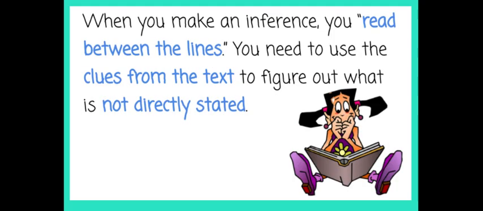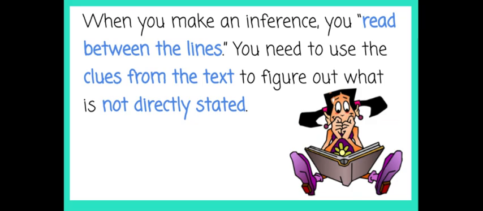So when you make an inference, you, as I said earlier, read between the lines. So you need to use clues from the text to figure out what is not directly stated. It's using your context clues. You do this naturally when you are reading a book and you come across an unfamiliar word, for example. And whenever you say, well, I don't know what that word means, you could go look it up in a dictionary or look it up online.